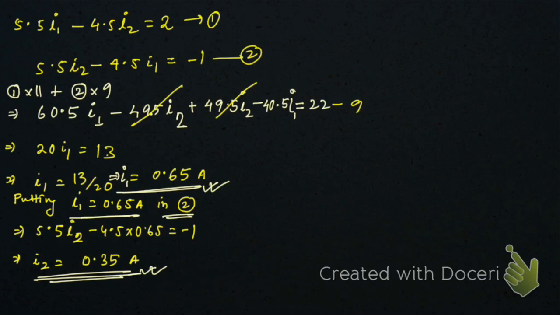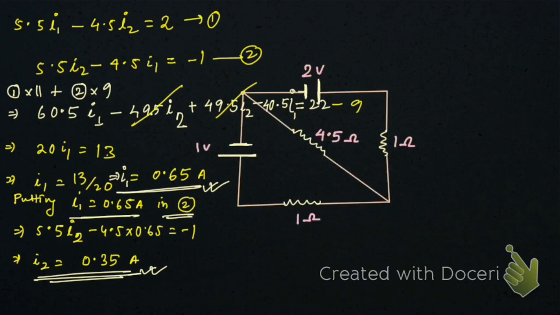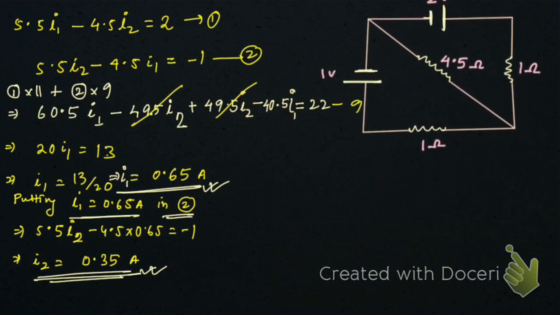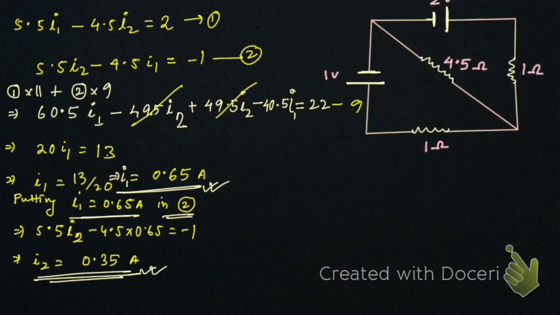So that means we are getting both positive values. Let me draw the diagram here again. This was the diagram, right? So we had chosen the current in this loop in this direction, I1. We are getting I1 positive. That means the current is flowing in the same direction that I have taken in this loop.